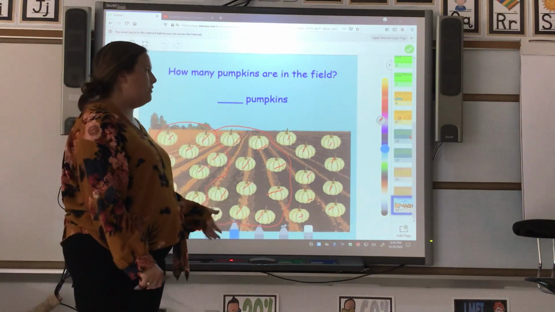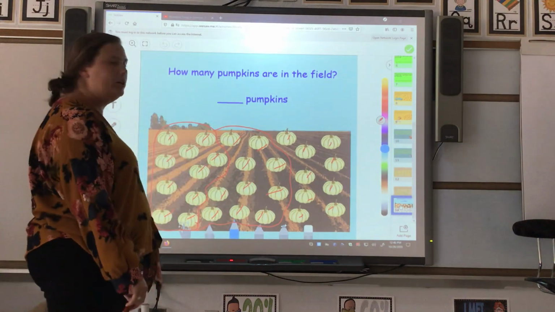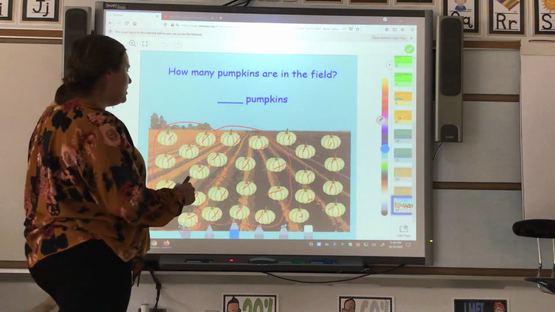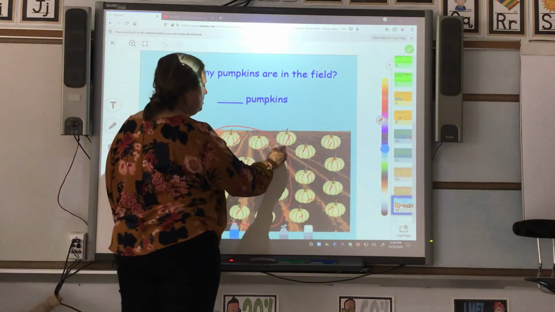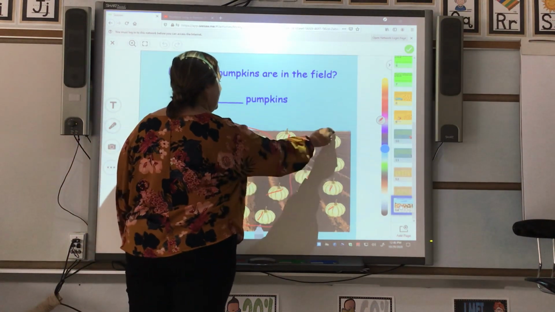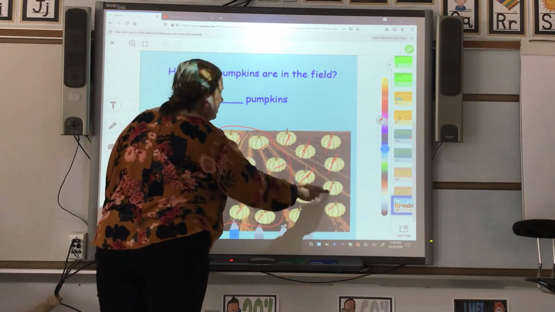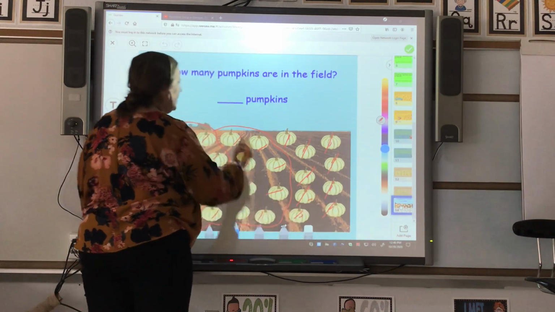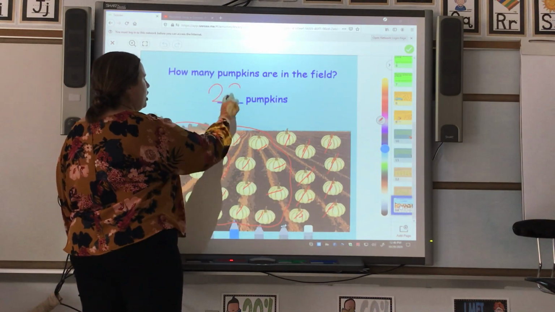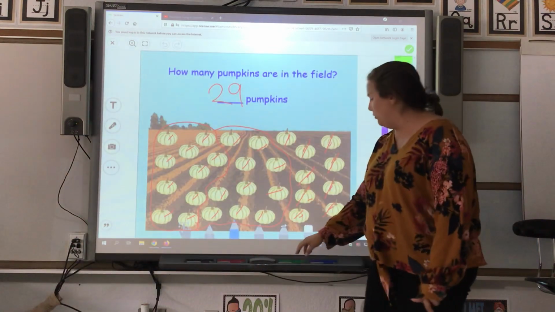No, I don't have enough, but that's okay because I've made it easier by already circling 2 groups. So let's count together. 10, 20, 21, 22, 23, 24, 25, 26, 27, 28, 29. So there are 29 pretty white pumpkins in the field.